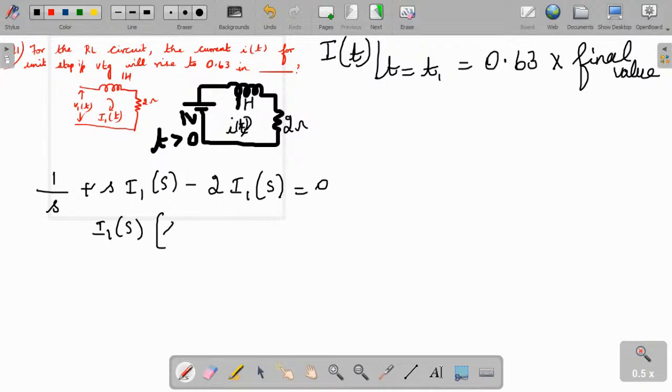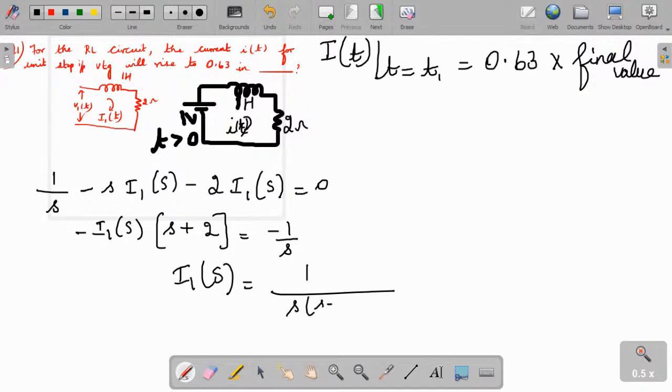Taking I1 of s common, you get s plus 2, which is equal to 1 by s. So I1 of s becomes 1 by s into s plus 2.